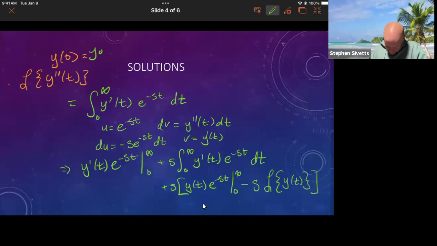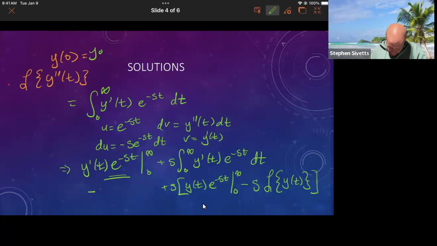This quantity right here, as t gets large, this quantity as a whole would be zero.